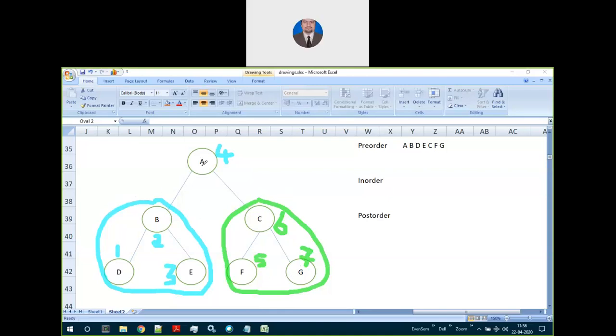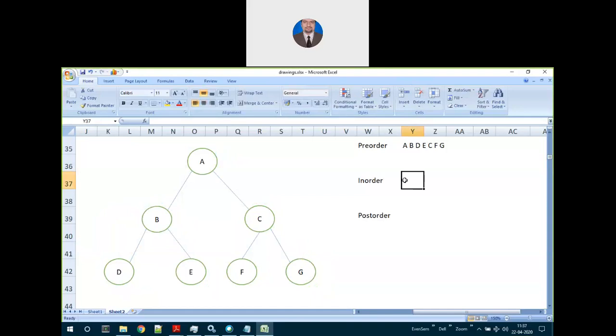First I visited the left part of A. In the left part of A, there is one more subtree, so in that left part I visited D, then B, then E, then A, then the right of A, that is C. Since C has its own subtree, the left of that is F. F will be visited fifth, and then its parent, which is C, sixth, and later the right of C is G. So the traversal here will be in-order: first D, then B, then E, then A, then F, C, and G. Is this understood? Yes, sir.